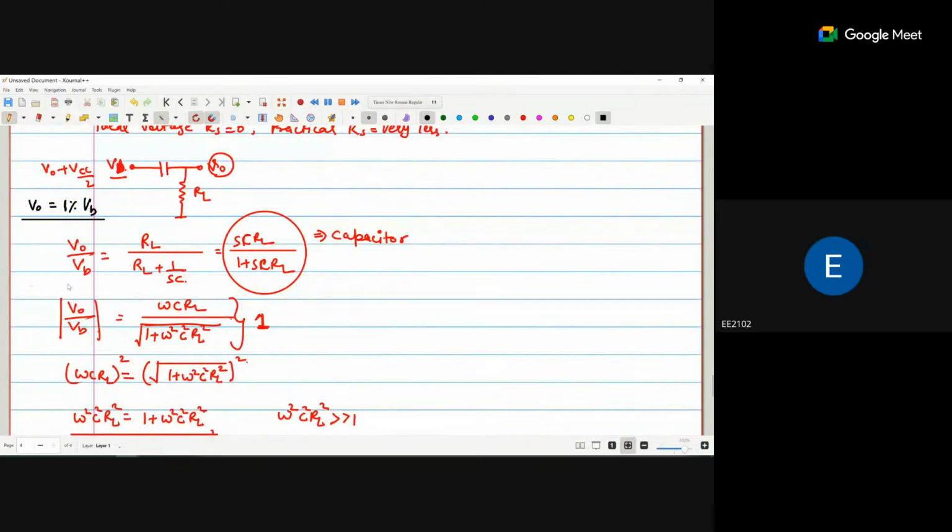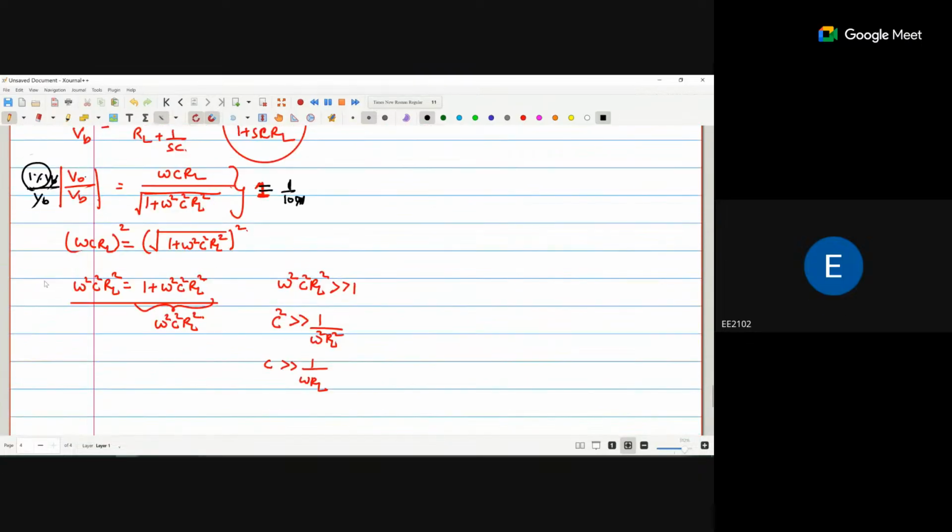We just take the magnitude of this one and just put it as 1 by 100, because Vo is 1% of VB. So VB and VB cancel out, 1% is 1 by 100. If we say that Vo is 10% of VB, we put that value as 1 by 10. Okay, so in this way we can calculate the value of C.